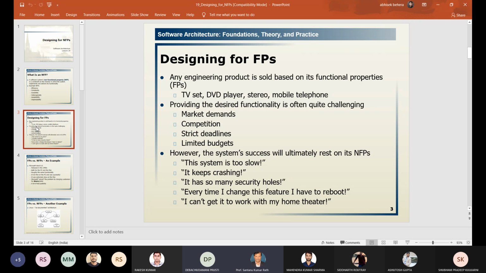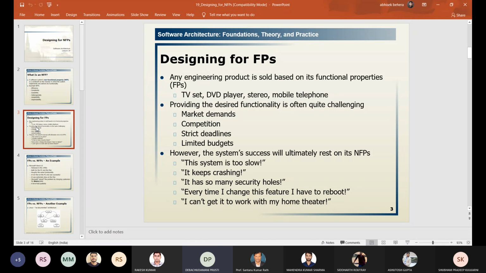So these are the functional properties associated, and these are challenging ones, like DC and DC. However, the system's success will ultimately rest on its non-functional properties also. If you have the functional properties, you should also have the non-functional properties for success. Suppose the system is too slow.